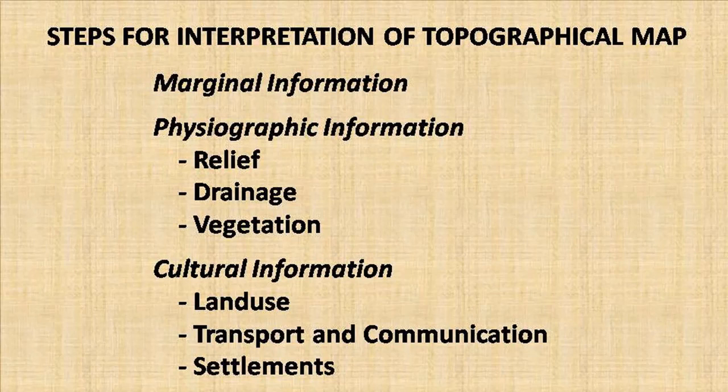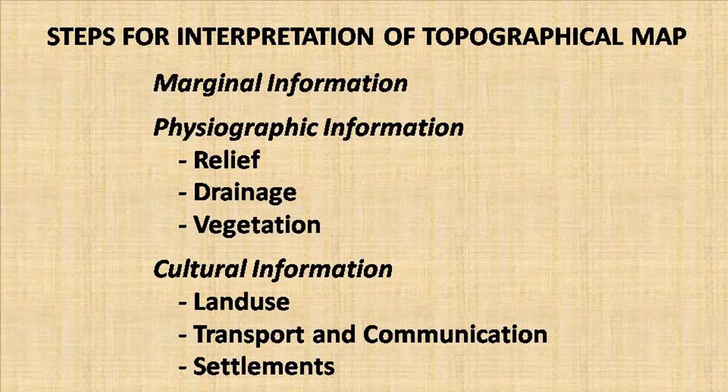First, we should try to identify the relief features, that is different types of slopes and other features like mountains, valleys, plains, and plateaus, and then the next step, the identification of drainage pattern, then vegetation.